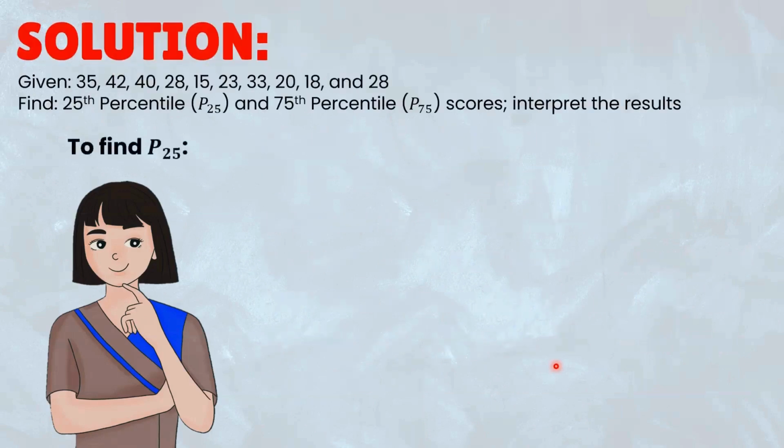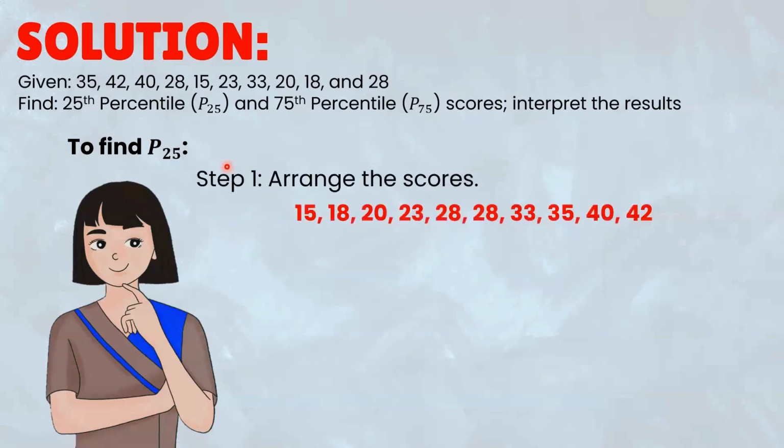Okay, so first let's look for the 25th percentile value. Step one, we arrange the scores. So we have here 15 as our lowest score and 42 as our highest score.